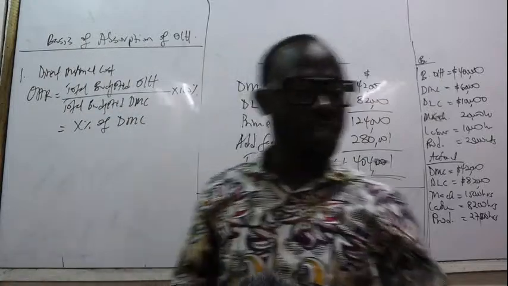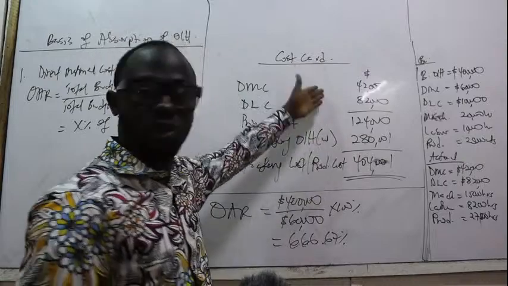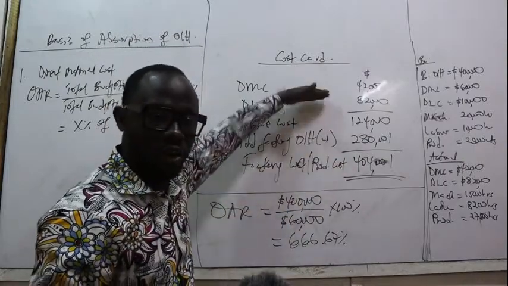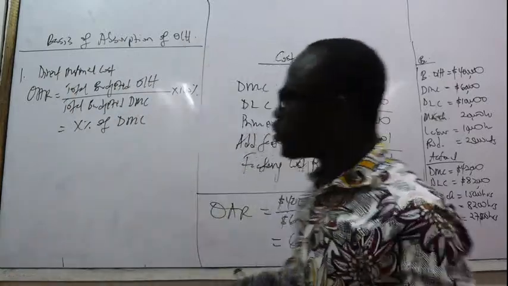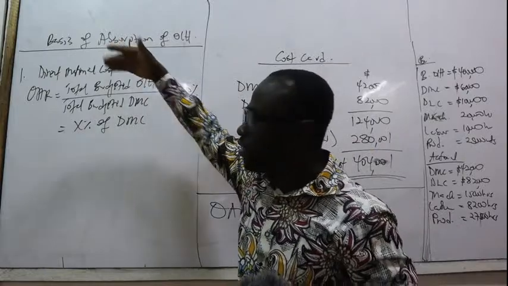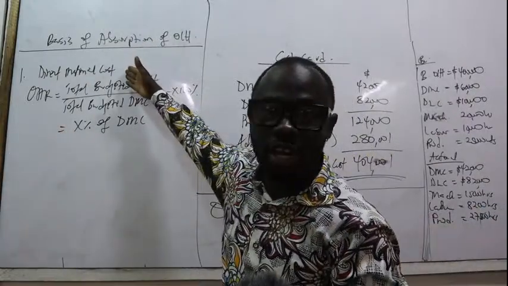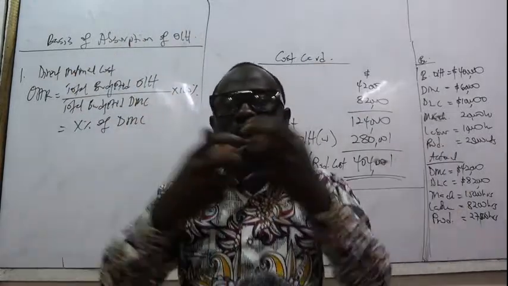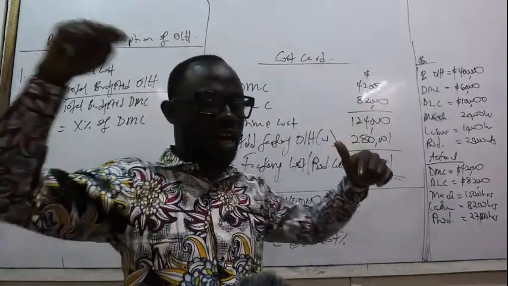So in the preparation of the cost card or cost sheet, the overhead you bring has to be absorbed, using any of the 6 bases that I've mentioned. The first one we're looking at is the direct material cost. So assuming we are using direct material cost to absorb the overheads, this is how we go about it.